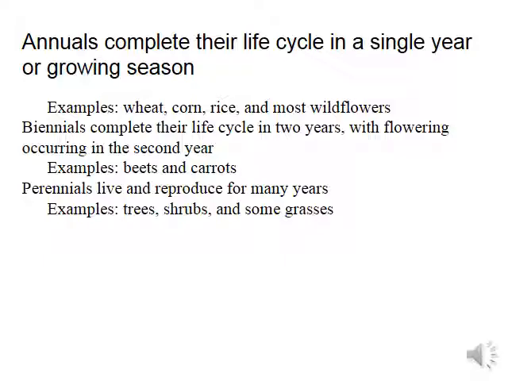And then perennials, what I like to plant in my garden because I don't like to replant every year, those live and reproduce for many, many years, and it depends on the species how long they live, but they live essentially for many years until they die, 7, 10, 100, and those are perennials.